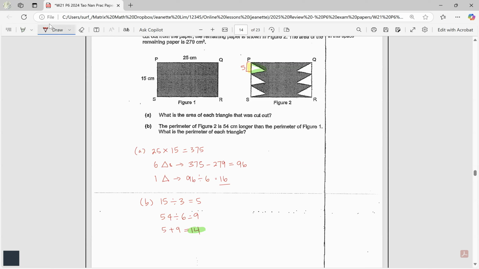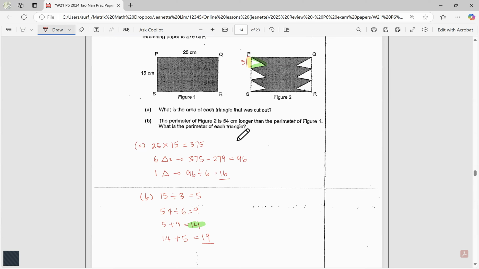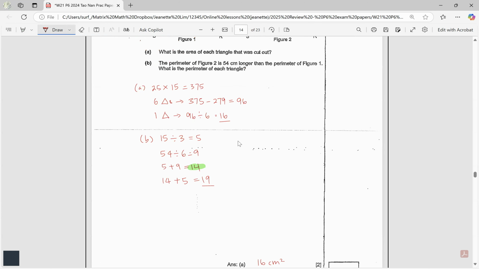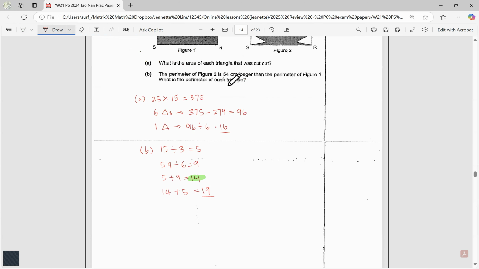So the perimeter of one triangle is actually 14 plus 5. I don't really need to find what each of the longer sides is. I don't need to know each of them. But the green is 14, I just take 14 plus 5. Okay, so that's the perimeter of each triangle.